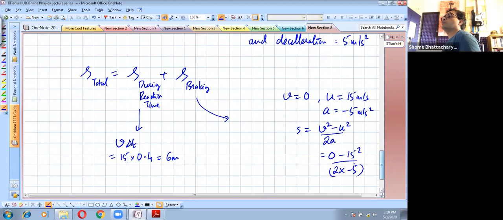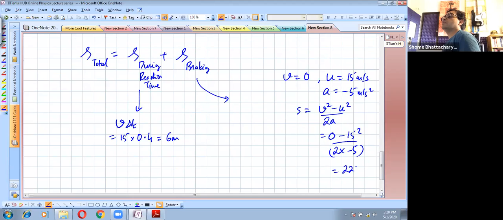As you can see, this becomes 225 divided by 10, the minus signs cancel out. So this becomes 22.5 meters. That is why your correct answer is not 22.5. The correct answer is the total displacement from the time he feels the need to brake, so the reaction time is included. That's why it becomes 28.5.